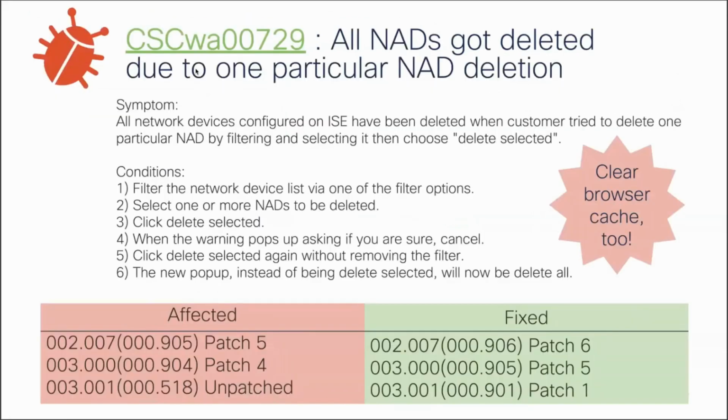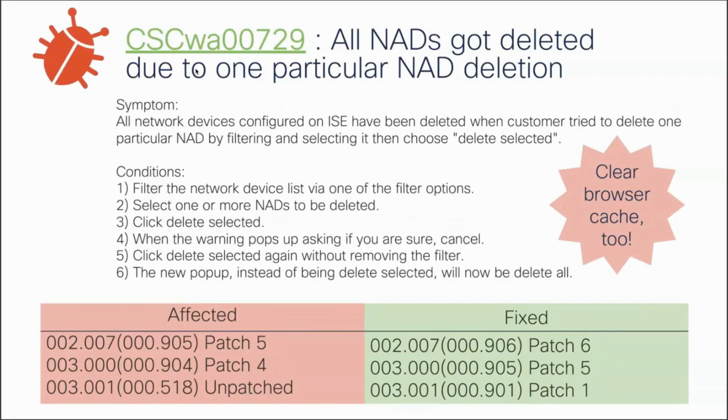And then I was telling you about that really nasty bug that has affected some of our 2.7 patch 5, 3.0 patch 4, and 3.1 unpatched. What happens is if you filter on your network devices and then you delete some of those, it will wipe out all of your network devices, not just the one you selected, but all of them.